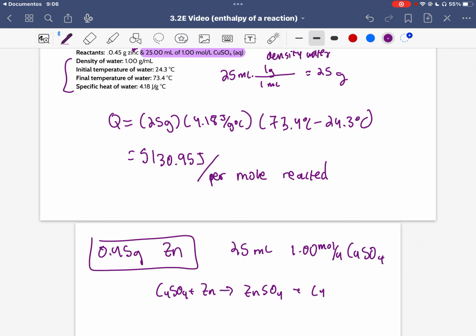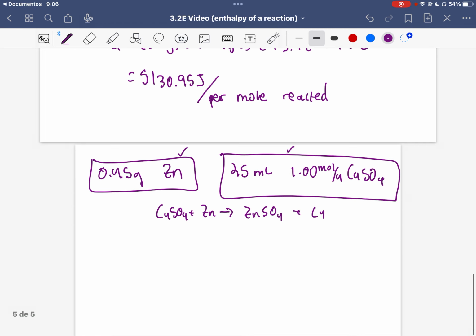Great. Well, I need to find per mole of the thing that actually reacted. Do I know which of these reacted fully? I do not yet. So this is secretly a problem where I have to do limiting reagent to find which of these actually fully reacted. So I'm going to do 0.45 grams of zinc.